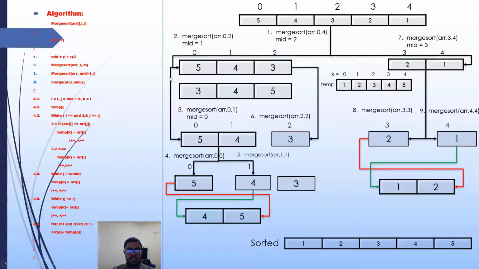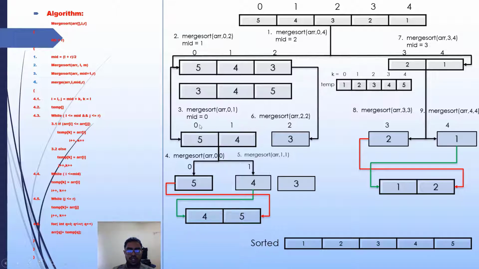In this case 0 less than 2, it's true. Then it will calculate the new midpoint, which is 1, and again it will call the merge sort, and this merge sort will pause and this will divide into two parts.